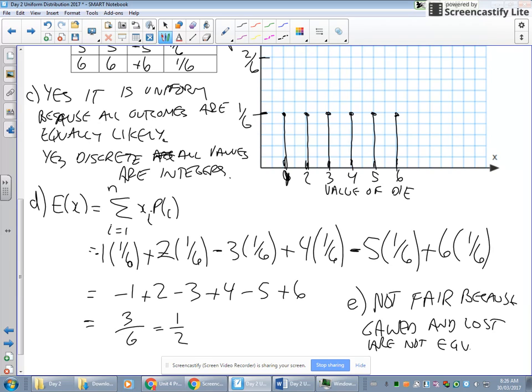In a fair game, our expected value should end up being a 0, so that the negative aspects counteract the positive aspects. So that's something new that we've not seen. There's a note about it in the text. You can read up a little bit on fair play, but that's basically what we need to know for a fair game to take place. Our expected value is going to be 0.